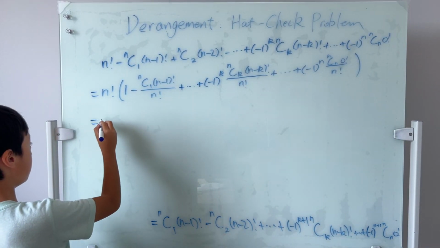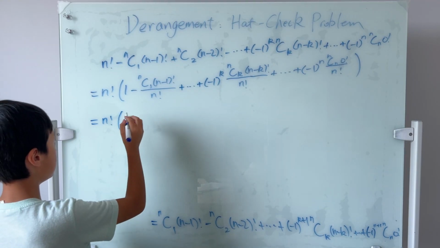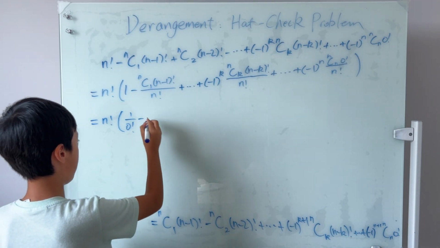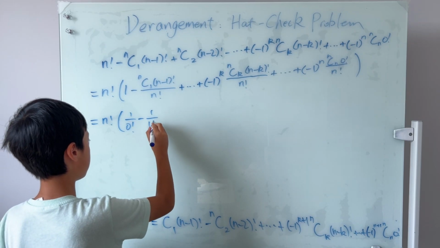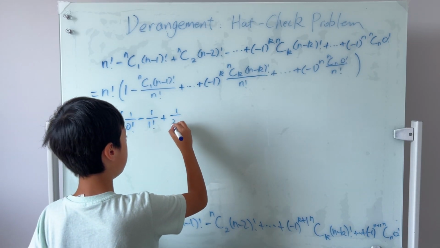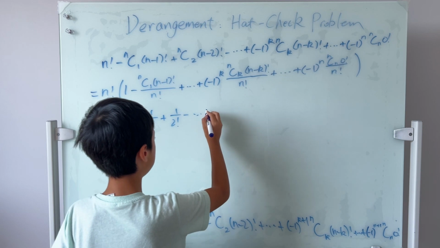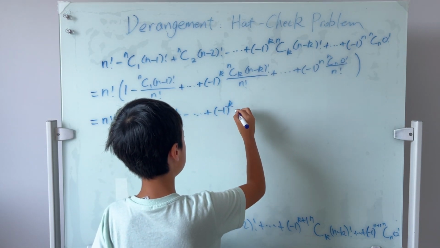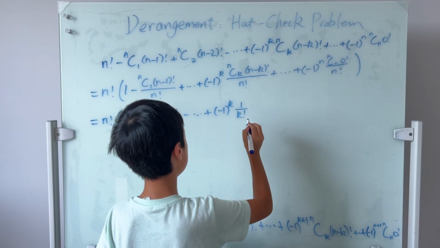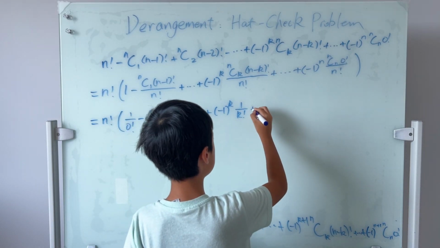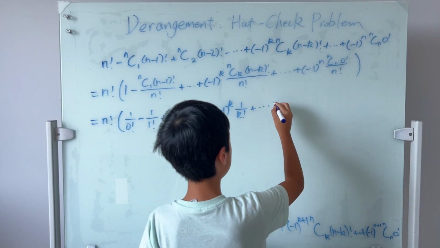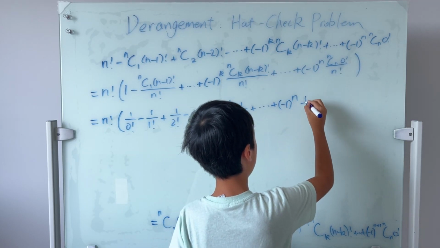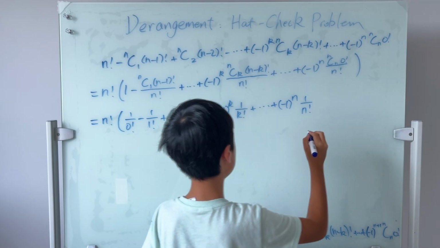It will be n factorial times, I'm going to write 1 as 1 over 0 factorial, minus, we said, 1 over 1 factorial, plus 1 over 2 factorial, minus dot dot dot, plus negative 1 to the k times 1 over k factorial, and then plus dot dot dot, plus negative 1 to the n, 1 over n factorial.